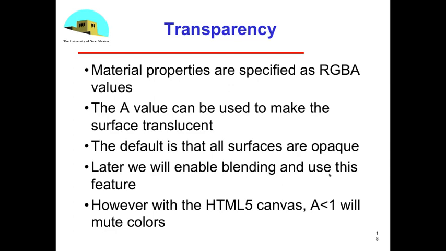The problem with HTML is that you can combine other applications on the same canvas. And so what's done with WebGL is if you set A to be 0.5, even if you haven't enabled blending, it will mute all the colors by a half. It will take the RGB you give it and effectively multiply each of those components by 0.5. The reason for that is you may really want to be able to blend things together.